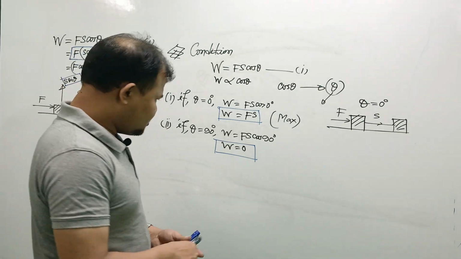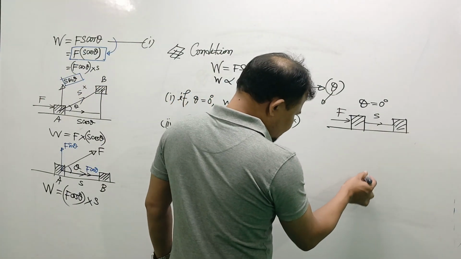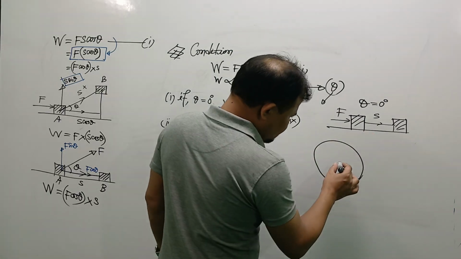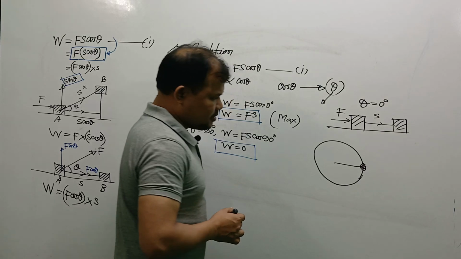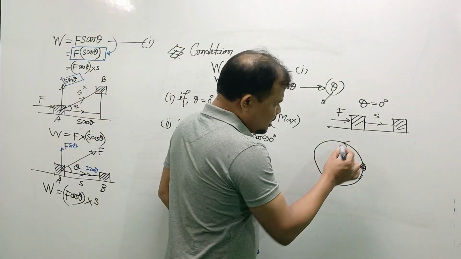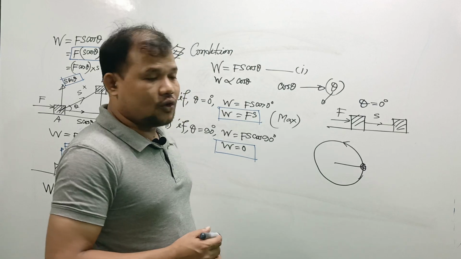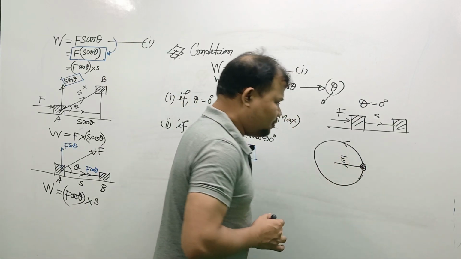Now we try to understand this scenario. If this is a circular path and if there is an object here, always try to understand, if you want to rotate this object around this circular path, then we need a force. The name of this force is centripetal force.